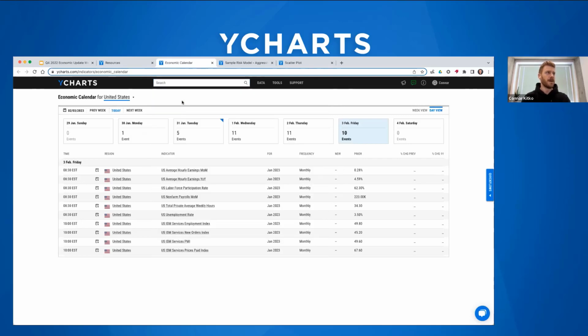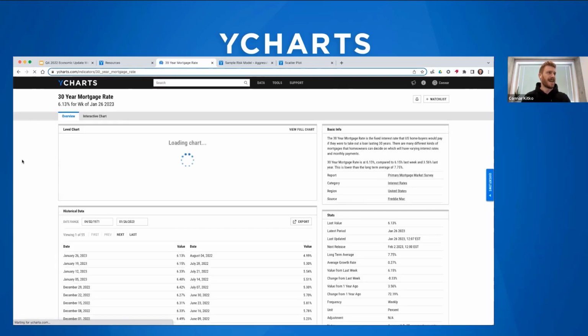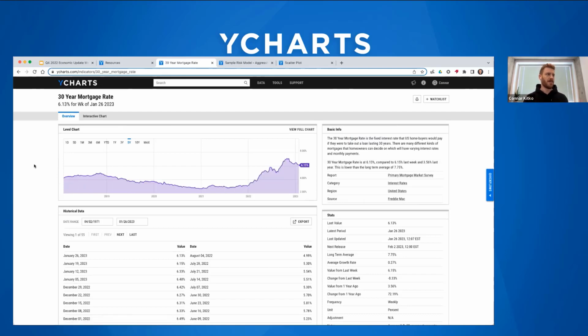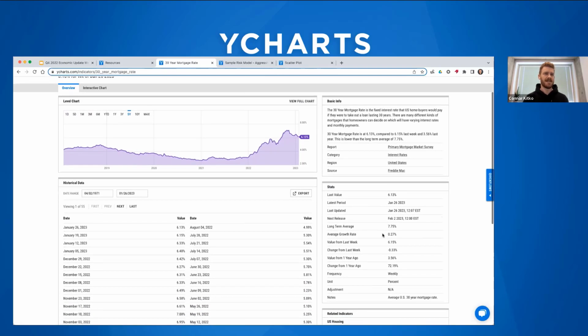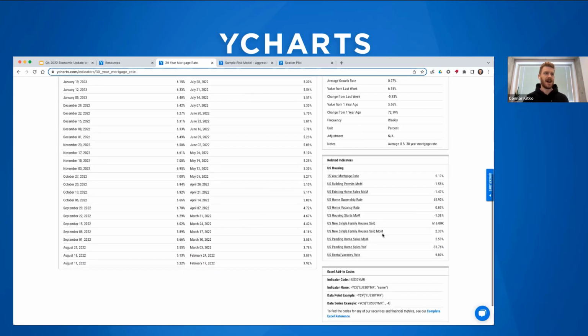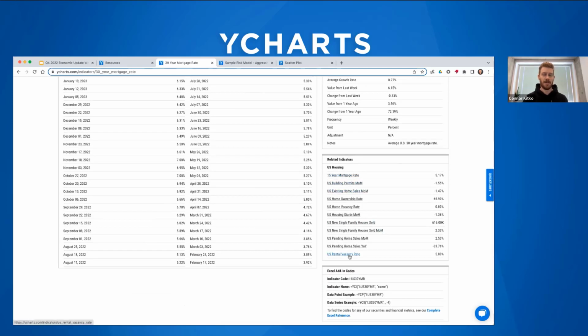There we go. Now I'm taken to this quote page for this 30-year mortgage rate, get a ton of historical data, also some stats. When's it going to be updated next? When was the last as of date? And then some related indicators. So some of those things that we just saw on the slide.